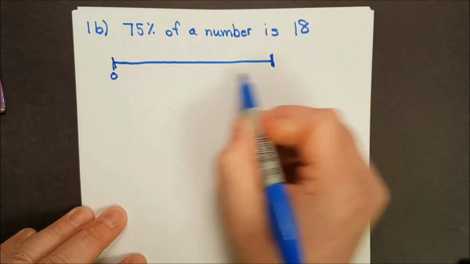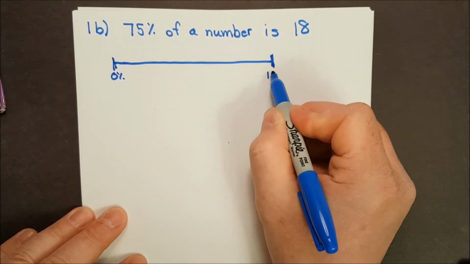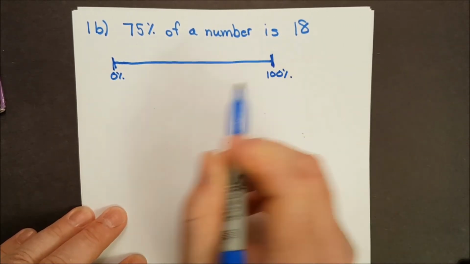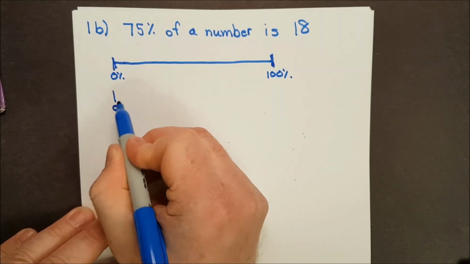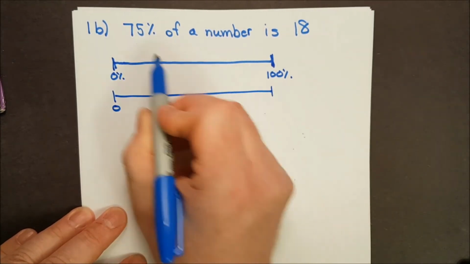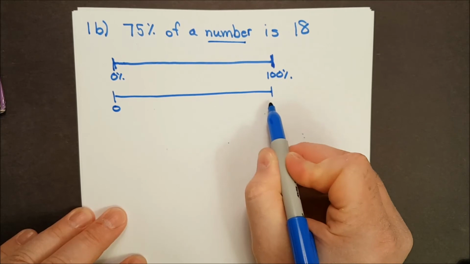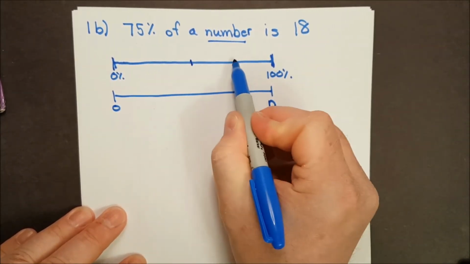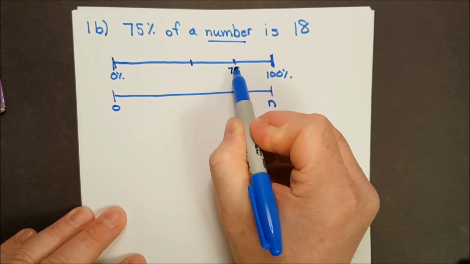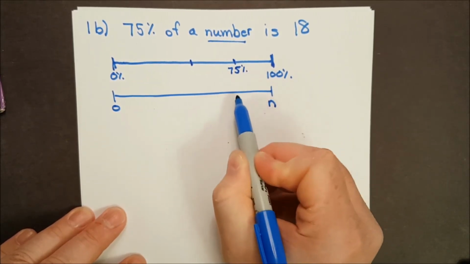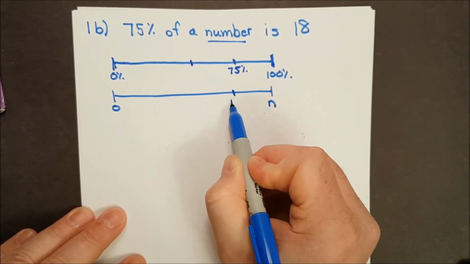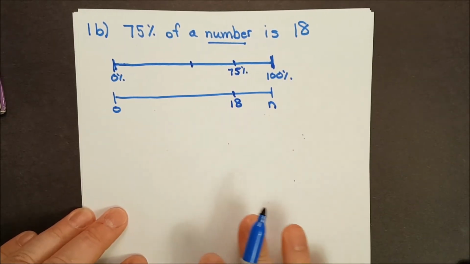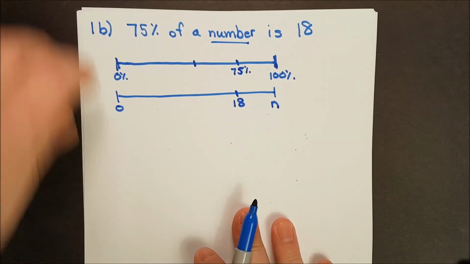So 0% to 100%. And we have 0 to some number, 75% of a number. So we don't know what this is. But we do know that 75% does give us 18. Now, we're not going to use the balance model.